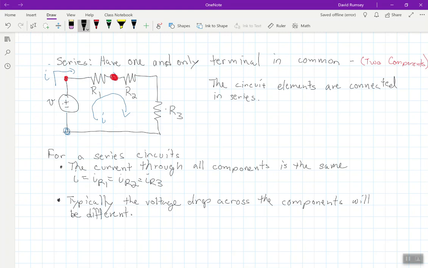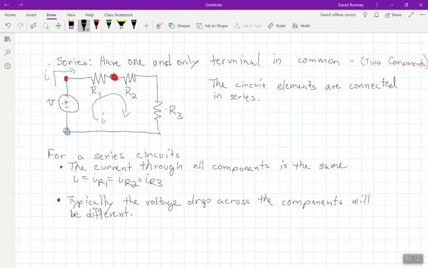Now, the reason I say typically is there is a way to make the voltage drop across R1, R2, and R3 the same. It won't be the same as the voltage supply, but I can make R1, R2, and R3 the same voltage drop. Some of you might be thinking you can see how you could possibly do that, even though we really haven't talked much about the series circuit like this yet.